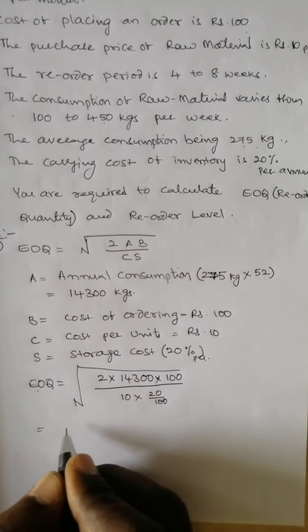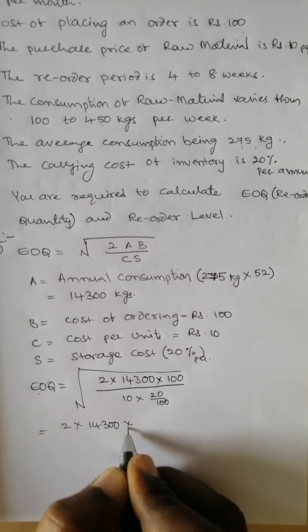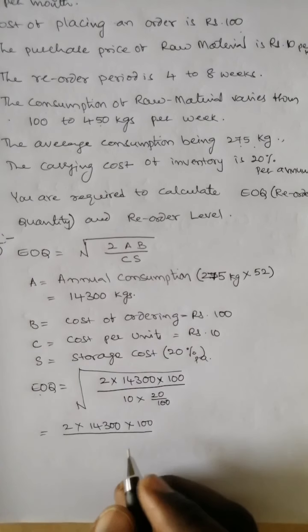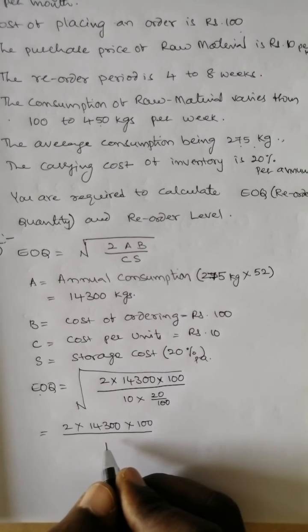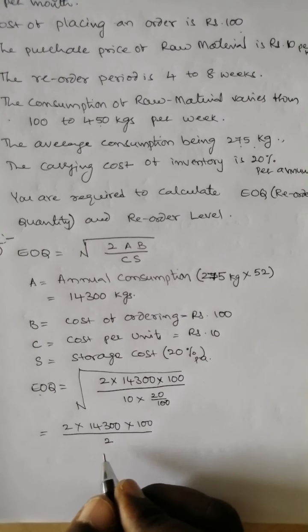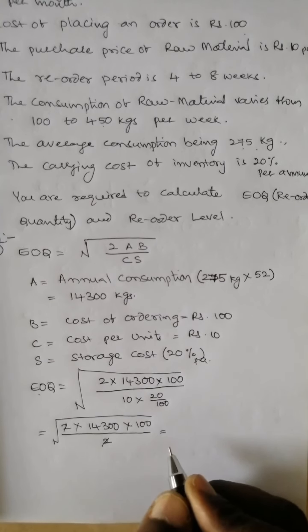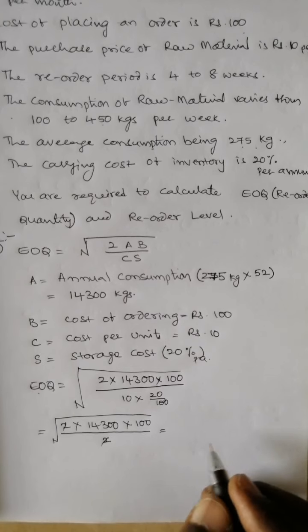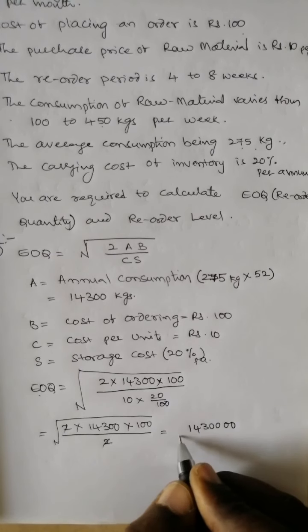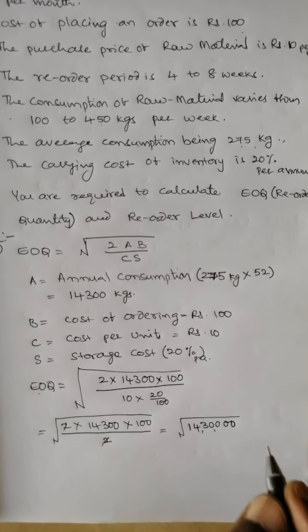Now equal to 2 into 14,300 into 100 divided by 10 rupees into 20% means 2 rupees. So 2 to cancel, then we have under root of 14,300 into 100, which means 14,30,000 under root.